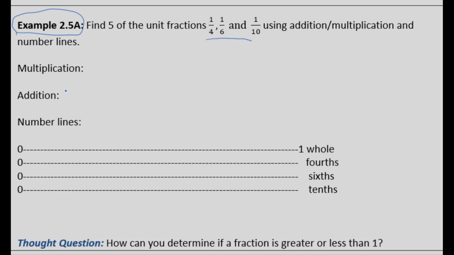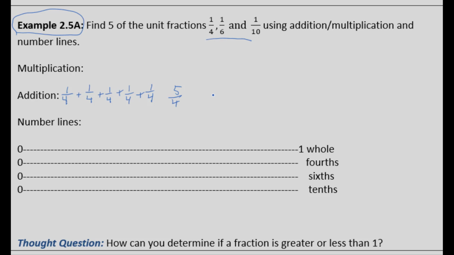All right, so if you have 1/4, and I'm going to add another 4th and another 4th and another 4th, and one more 4th, I'm going to have 5 of those 4ths.